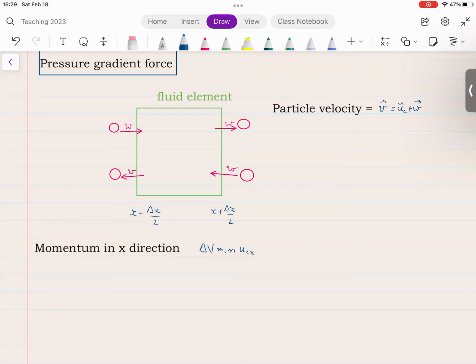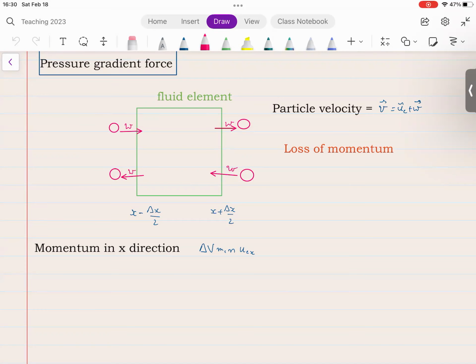you may have concluded that particles that are crossing the boundary on the right are causing a loss of momentum. Okay, this is hopefully obvious.